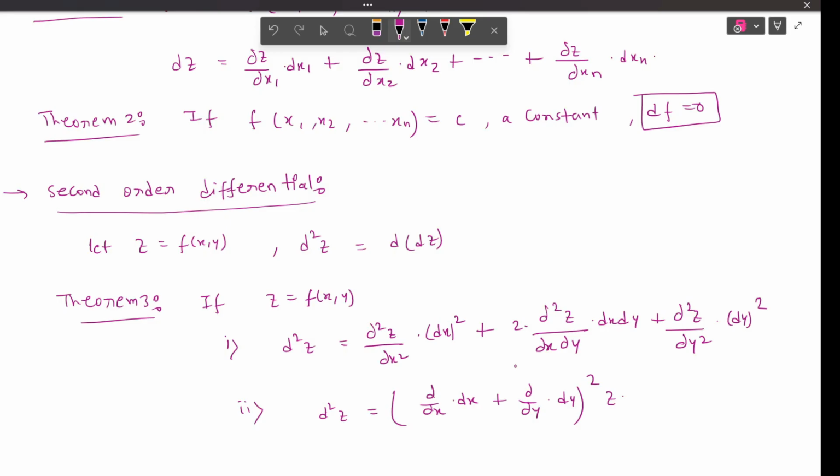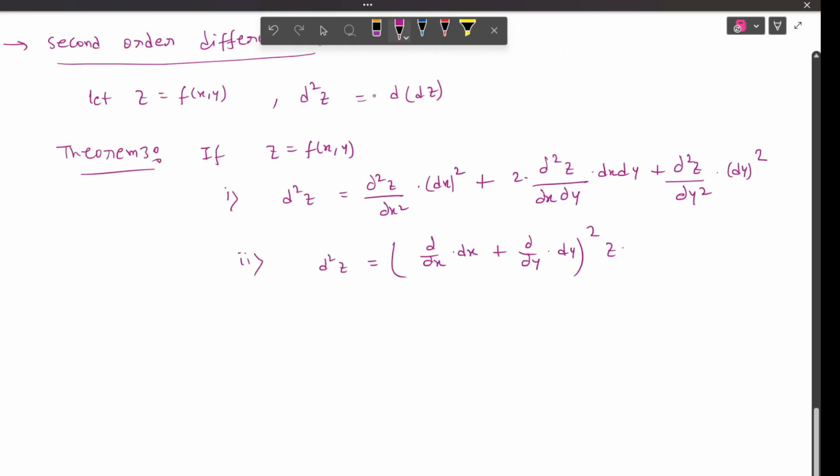Now this theorem can be generalized also. Let us see the generalized form.